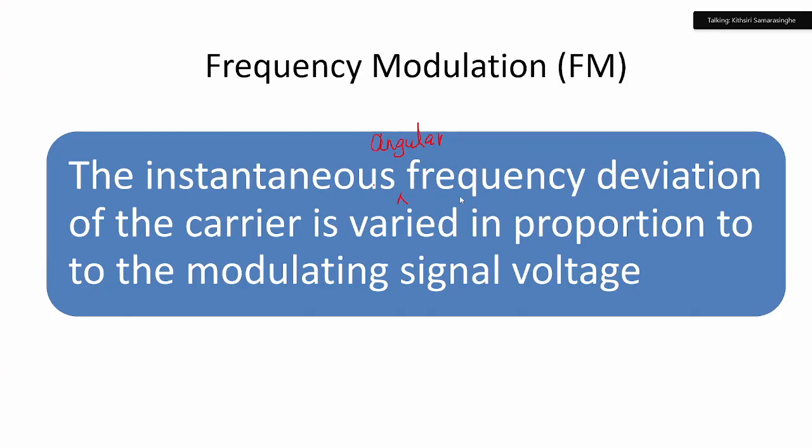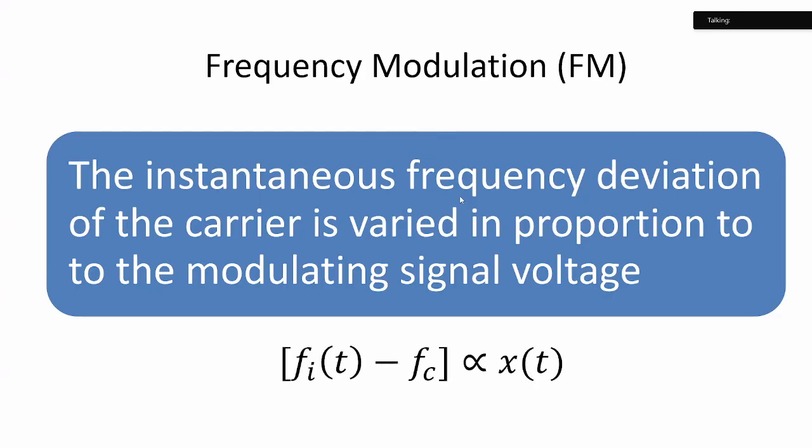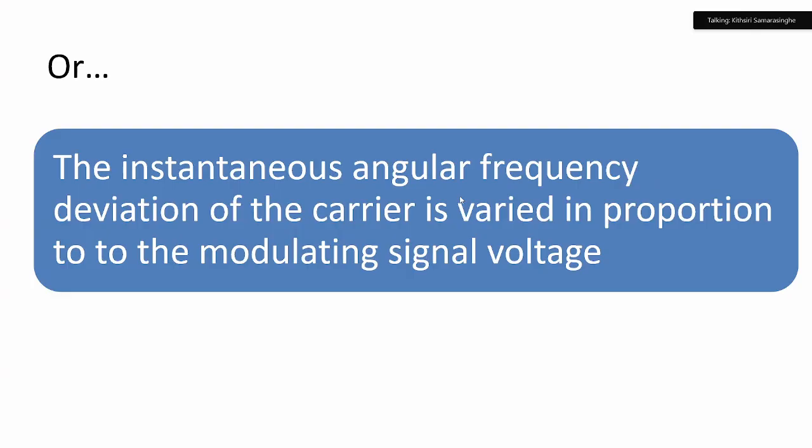You may define it as instantaneous angular frequency variation or instantaneous frequency variation. So the Fi minus Fc difference should be proportional to the modulating signal voltage x(t). This is that other definition I included. And in fact, I am going to use this definition. Angular frequency wise, we will define it, and phase modulation becomes easier.